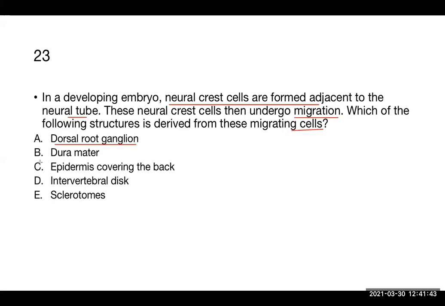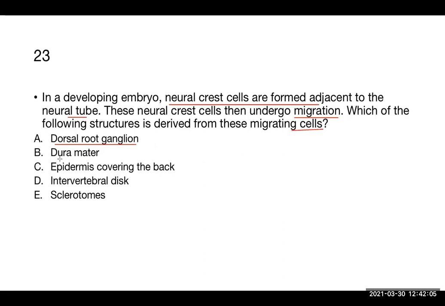Exactly, that is right. It is actually having the neurons of the sensory nerve. It is having the nerve cells of the sensory neuron, you can say like that. So it is connected to the spinal cord, and the function is sensation. It receives the sensation, and that sensation will go into the spinal cord.